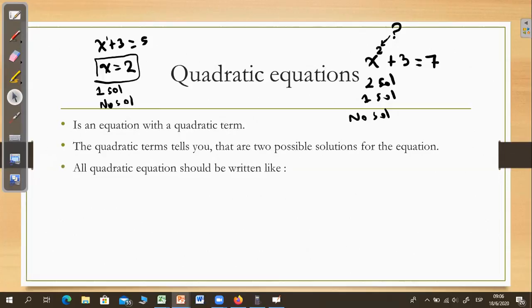So all quadratic equations can be written like next: ax squared plus bx plus c equals 0. And that's something we studied at the moment to analyze quadratic functions. Those quadratic functions help us to identify a, b, and c. If you remember, someone commented about what the c is useful for.